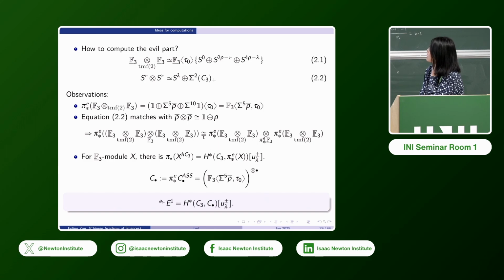So we replace the coherent cochain complex by its underlying homotopy group. We get this coherent cochain complex of C3 representations, and we can recover the homotopy group of the Borel completion of your coherent cochain complex, because that's just the group cohomology of this cochain complex, and then you add a U lambda plus or minus like this.